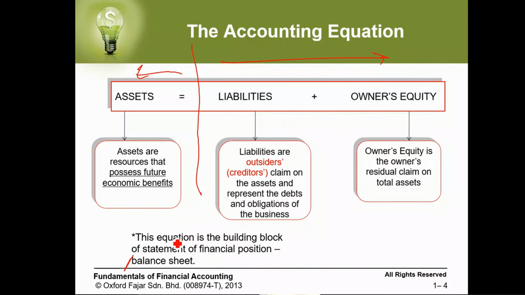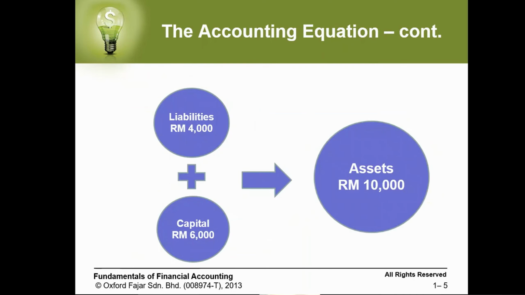So after any transaction, we should always make sure that the effect of the transaction keeps those sides equal, keeping the accounting equation correct. This is what we need to keep in mind. As an example, if our liabilities are 4,000, what we owe to others is 4,000.